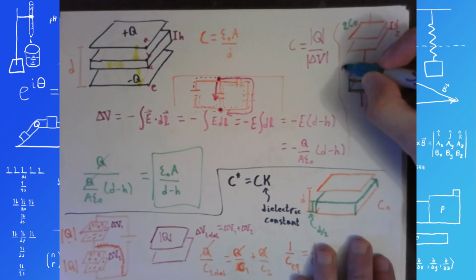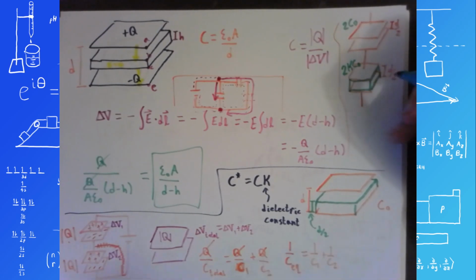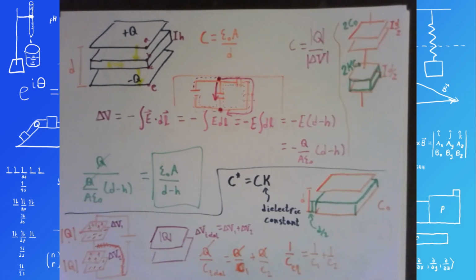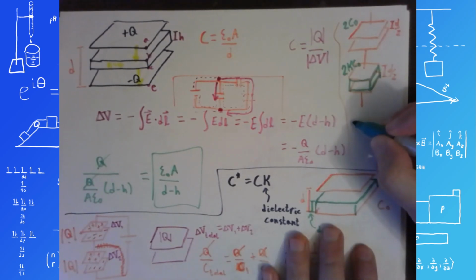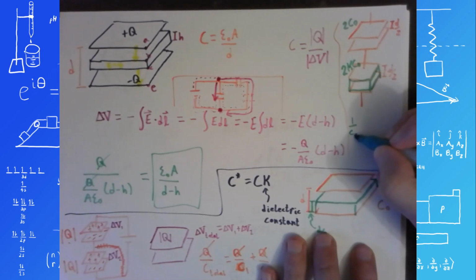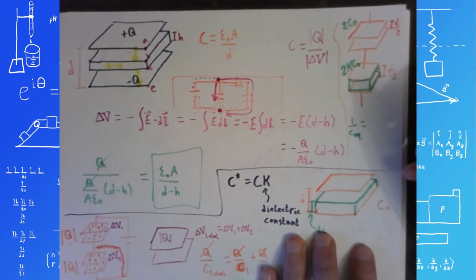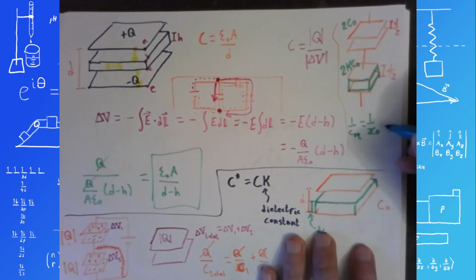So this one would be 2 kappa C0. And from there, we can calculate the overall capacitance. 1 over equivalent capacitance is equal to 1 over 2C0 plus 1 over 2 kappa C0.